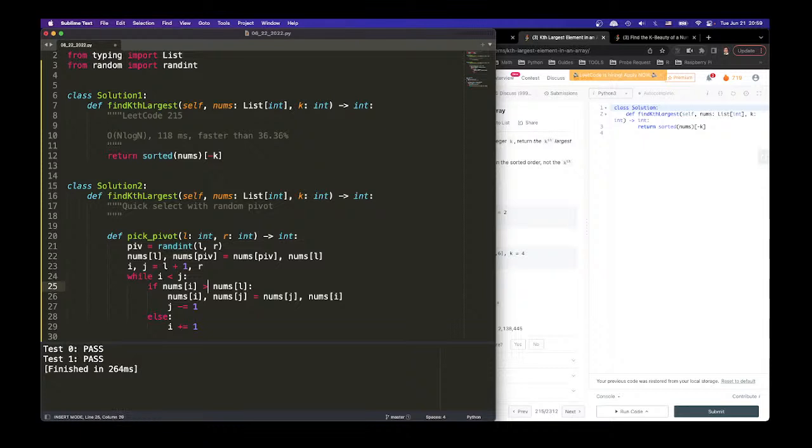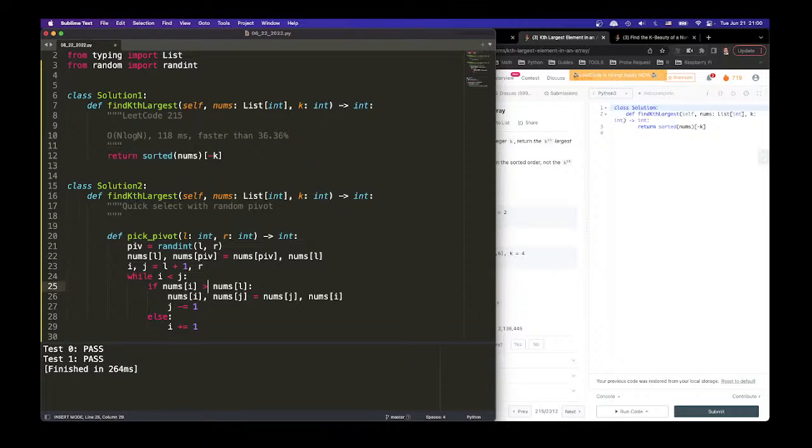If I is larger than this, then we move. So when we don't move, we keep it, and if it's larger, we will be able to move this to the rightmost place.